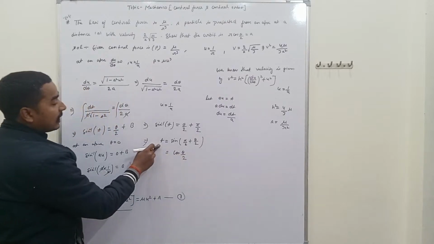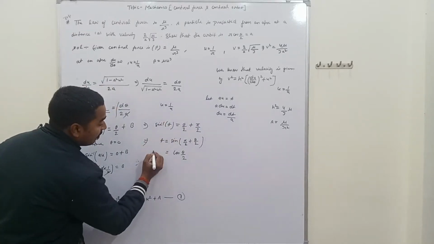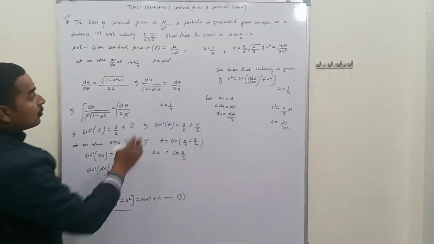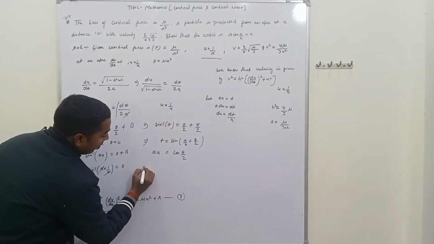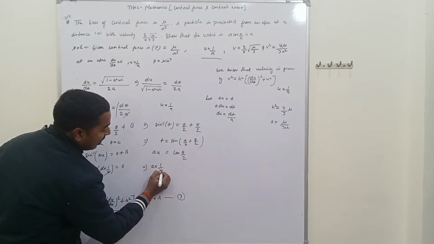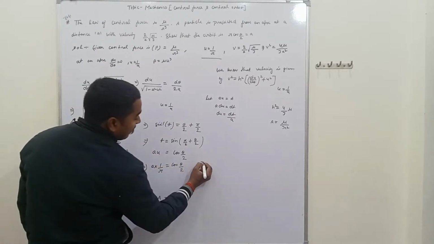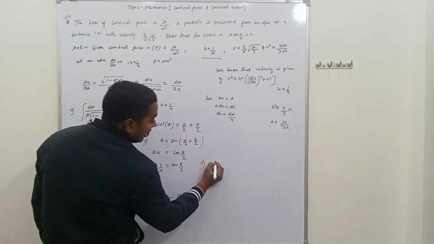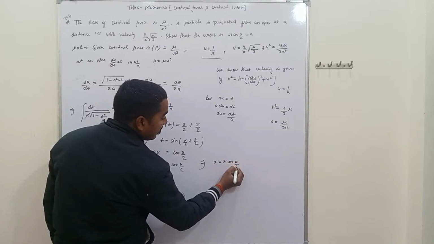We let earlier t is equal to au, so in place of t we put au, and we know that u is equal to 1 upon r, as we let earlier, so we put here a into 1 upon r is equal to cos theta by 2. Further, cross multiplying r to this side, a is equal to r cos theta by 2.